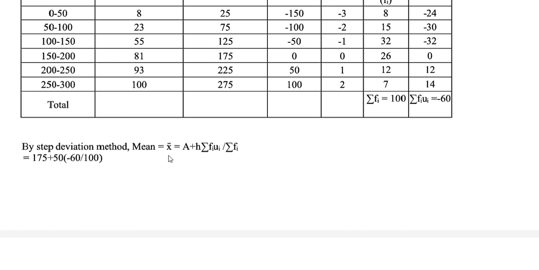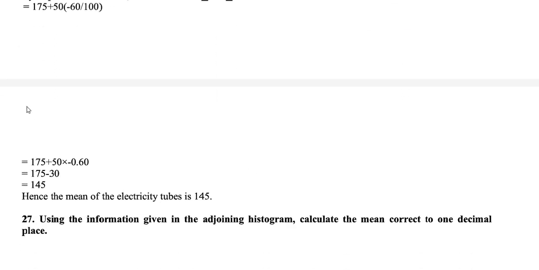Mean x bar equals a plus h into summation fiui divided by summation fi, where a is the assumed mean 175, h is 50, summation fiui is minus 60, and summation fi is 100. After the two-step calculation, you will get the result 145. So the mean will be 145.